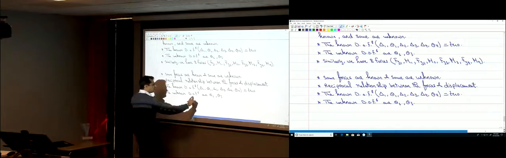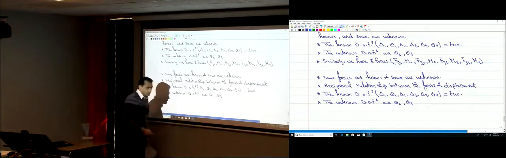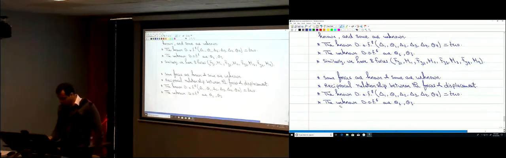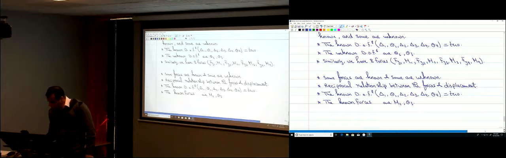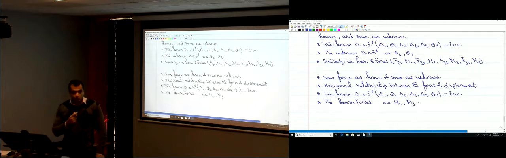They will be similar to the known forces. They are reciprocal to each other. We're just going to remove this and put the known forces. Theta 2 was unknown, so that means that M2 will be known. Theta 3 was unknown, so M3 is known.